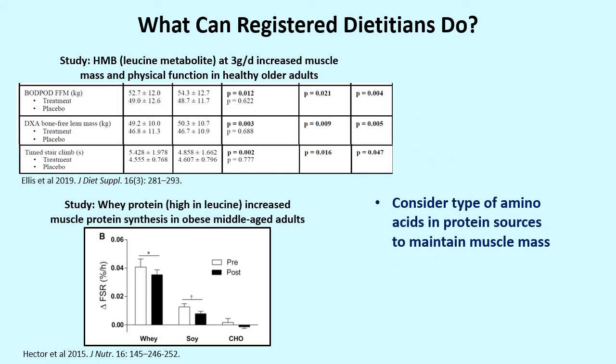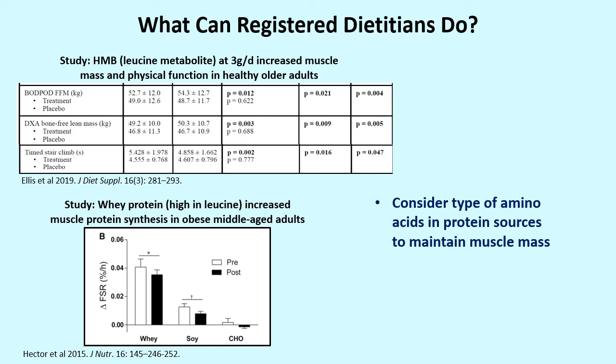Another thing to consider is the type of protein or the source of the amino acids. And here we have 2 studies that investigated the effects of leucine on muscle mass and physical function.